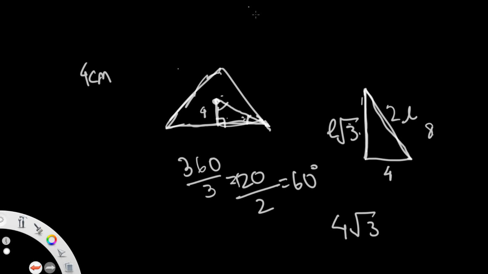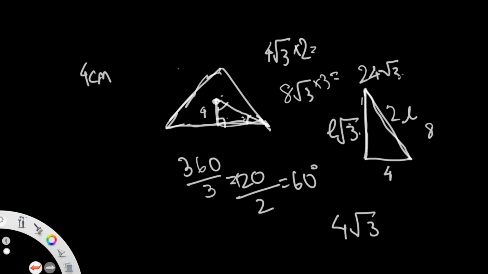Now that we have this measure, we could do 4 root 3 times 2, which is equal to 8 root 3. And then we could do 8 root 3 times 3 to get 24 root 3.